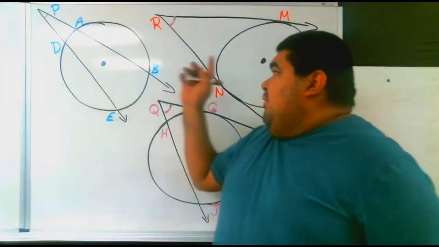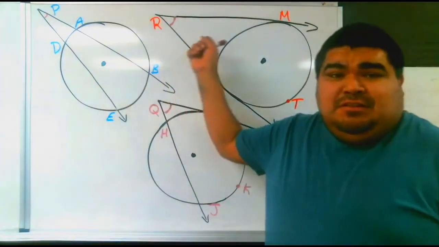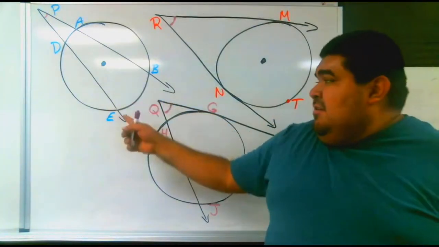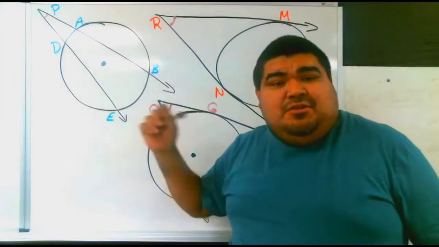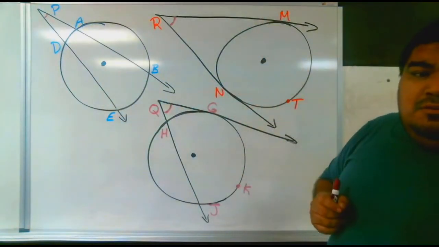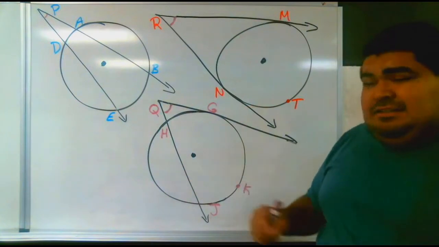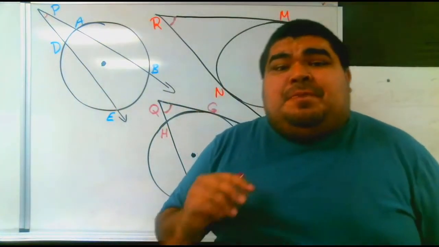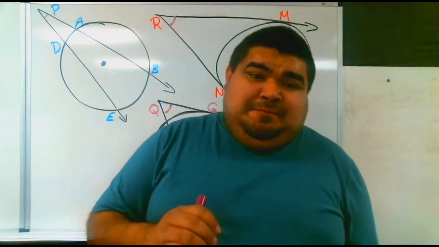All three of these circles, even though they're different, because this one's two secants, remember, two lines that pass through the inside of a circle, not through the center. We have two tangents, and we have a tangent and a secant. The rule is very basic and applies for all three.